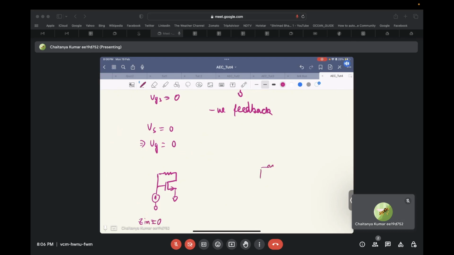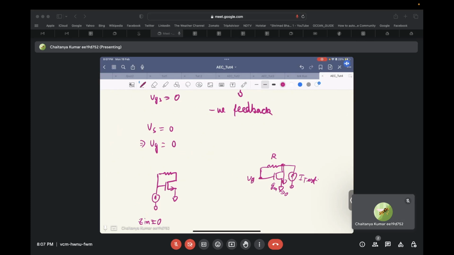For output impedance, again, if we try to push, let's say, some I_test into the circuit, where will all this I_test go? The Gm of the circuit is still infinite, so this circuit is still in negative feedback. So this will be maintained at VG, and all the current will flow through the transistor.